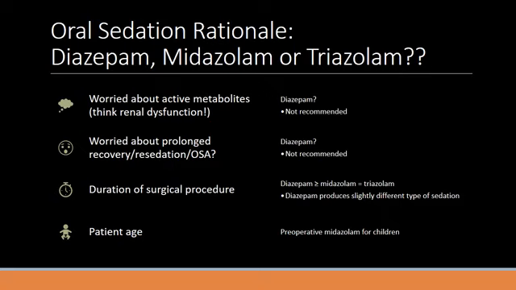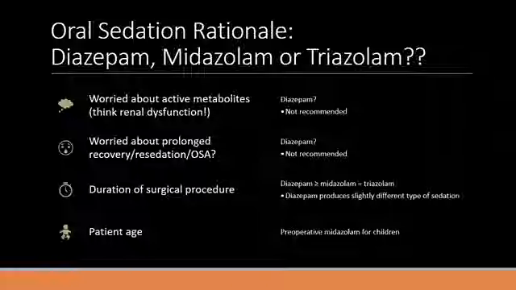Because it has a lot of active metabolites that stick around for quite some time. Are you worried about prolonged recovery or resedation? Maybe they've got sleep apnea where you're worried about them being sedated and being away from your care. If so, then I would probably utilize something that does not have any significant active metabolites. So once again, maybe diazepam is not really recommended.